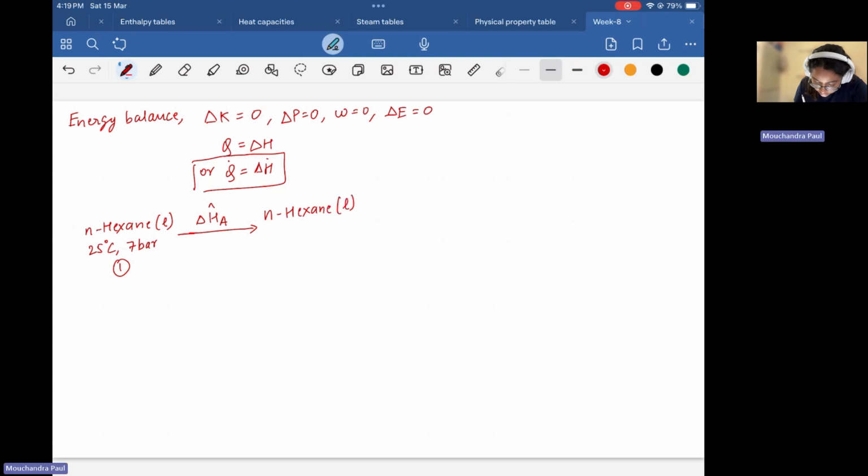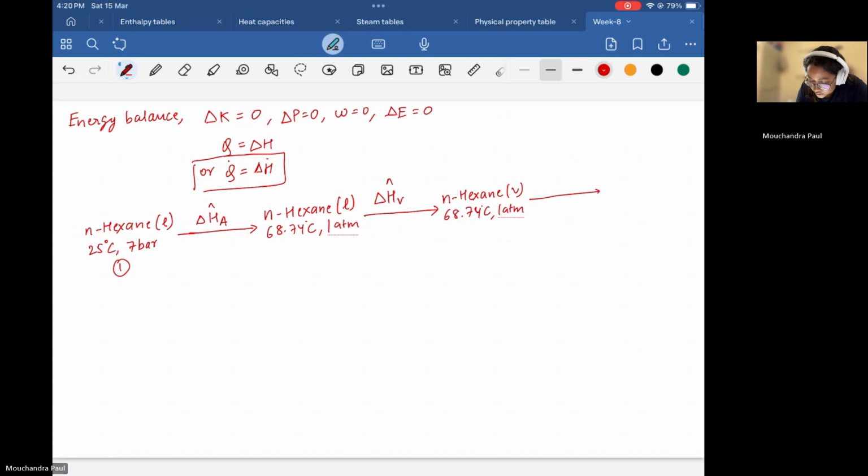in hexane liquid at 68.74 degrees Celsius, it will be in the liquid state. It will require some enthalpy to first go into the vapor phase, which is delta H V, the heat of vaporization, to convert to the vapor phase.